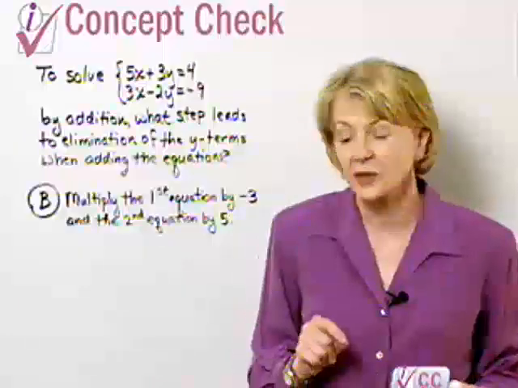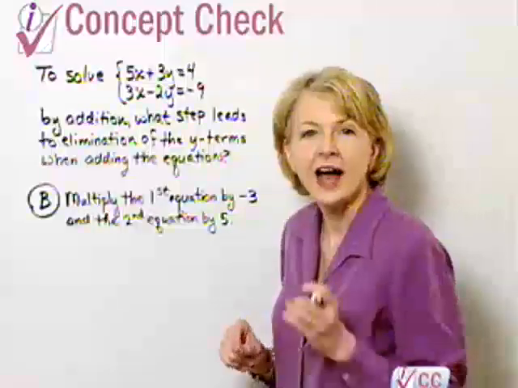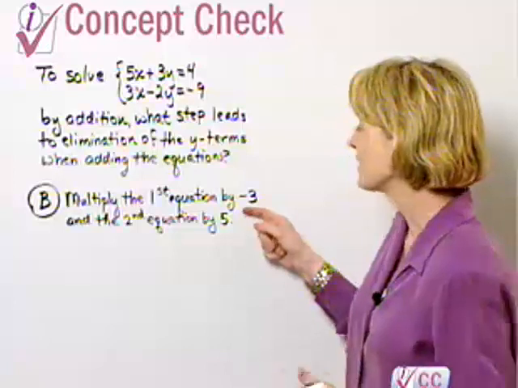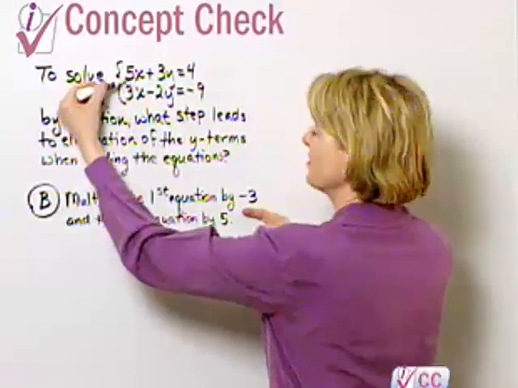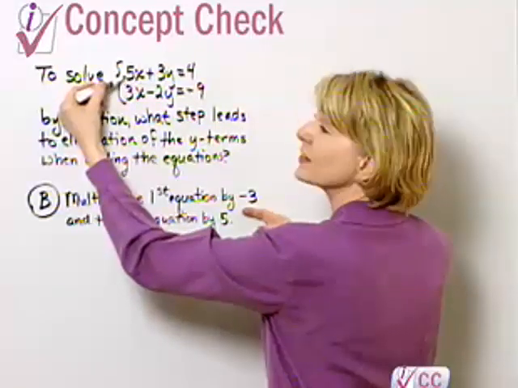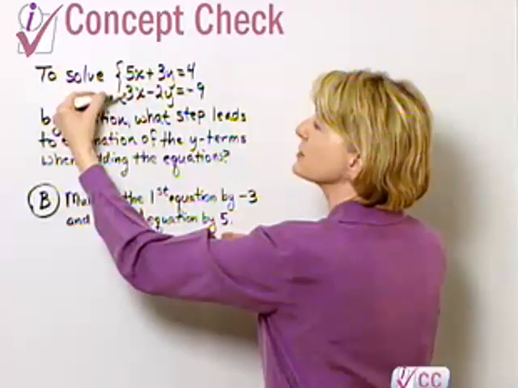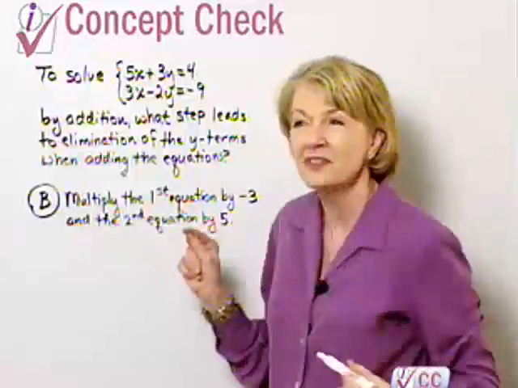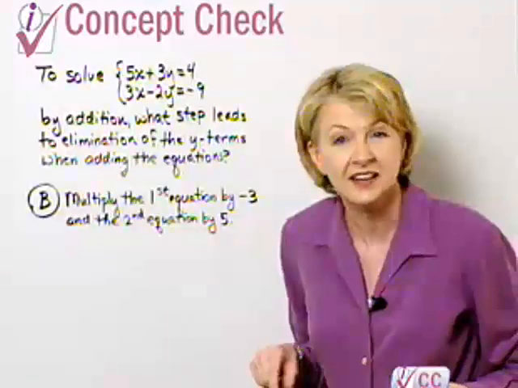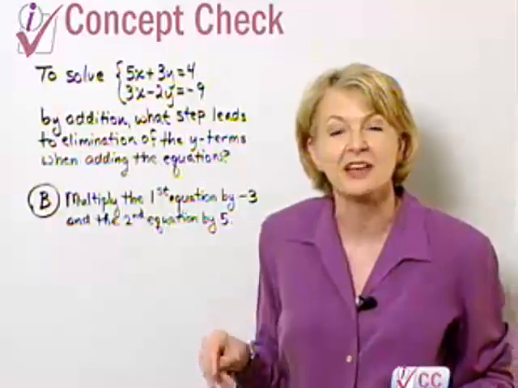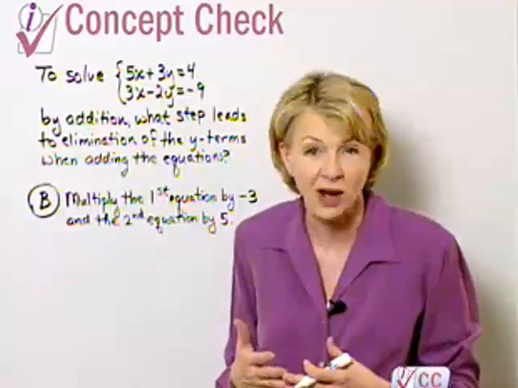Choice B is incorrect. Let's see why. I believe choice B eliminates the x terms. If we multiply the first equation by negative 3, this becomes negative 15, and the second equation by 5, this becomes 15. So you have negative 15x and 15x. So this step actually eliminates the x terms, and I was asking you to eliminate the y terms.